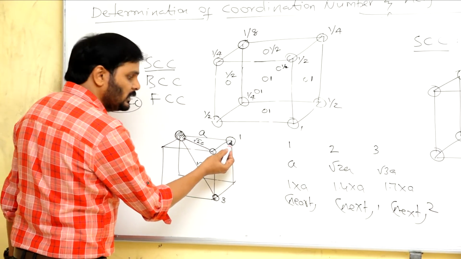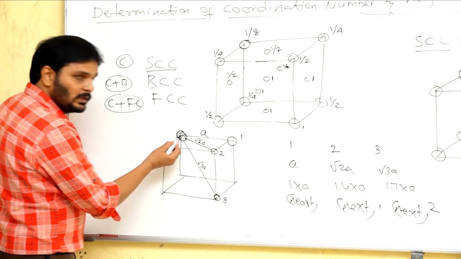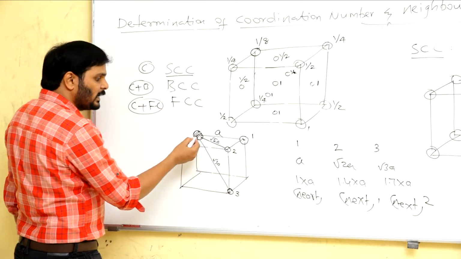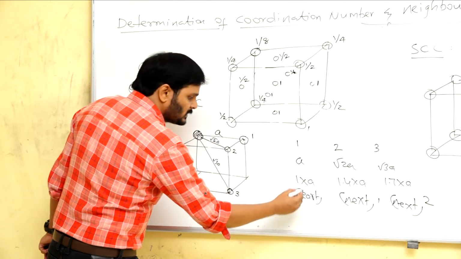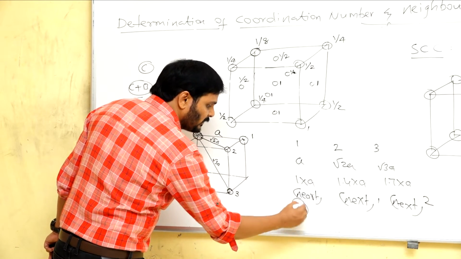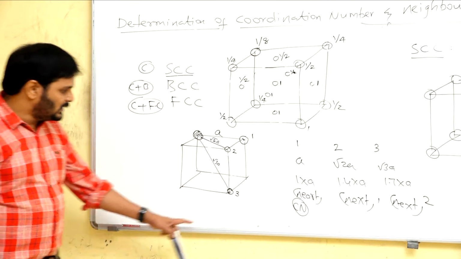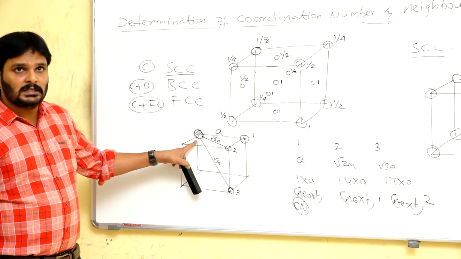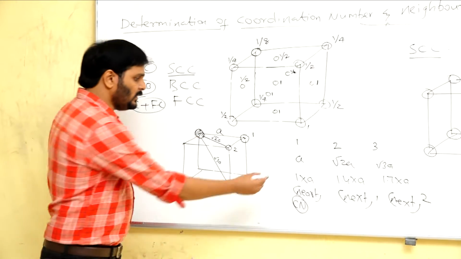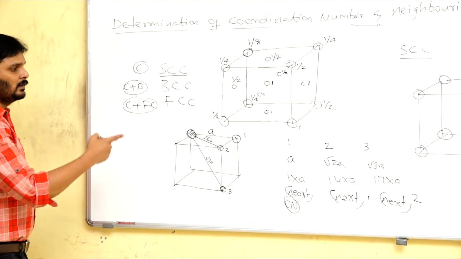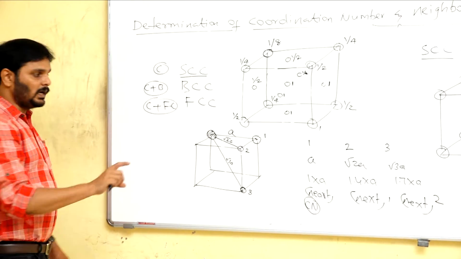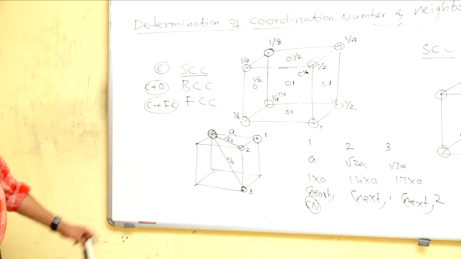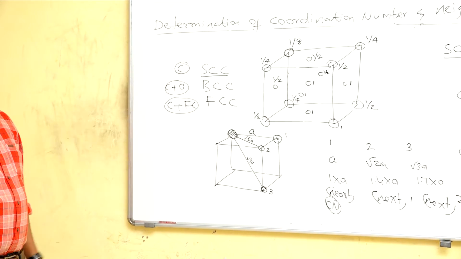Since the nearest atom is directly in contact with the reference atom, from this I can find out the coordination number. So from the nearest atoms, you can find out the coordination number of this atom with respect to the reference. Now this is about the distances of the nearest, next, and next-next atoms.